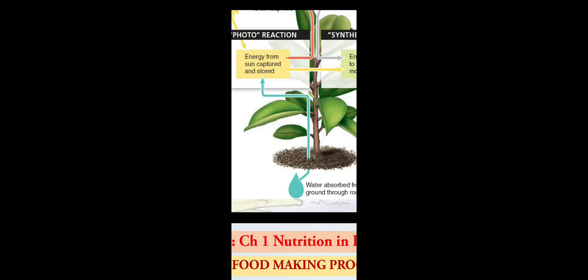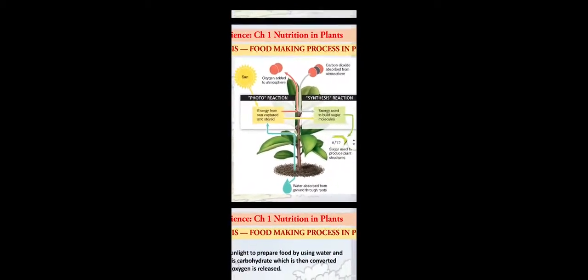Then leaves have tiny pores, and by those tiny pores leaves are able to absorb carbon dioxide from air. They are able to exchange gases from air, not only carbon dioxide, but after performing photosynthesis plants also produce oxygen gas. So oxygen also they are exhaling by these pores. So this is how plant structures are connected to perform photosynthesis.